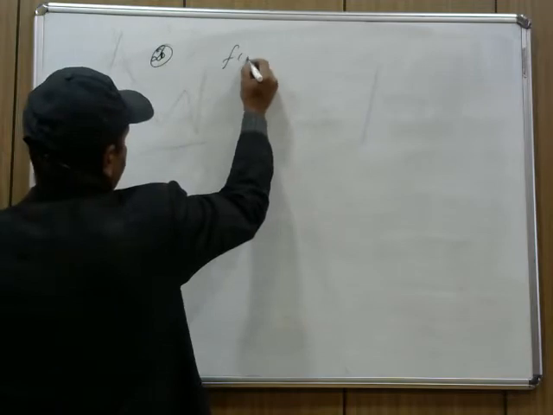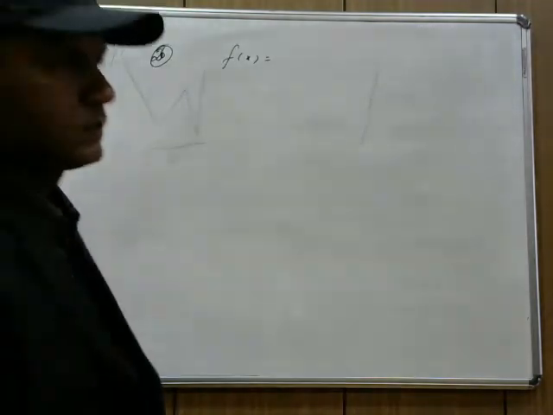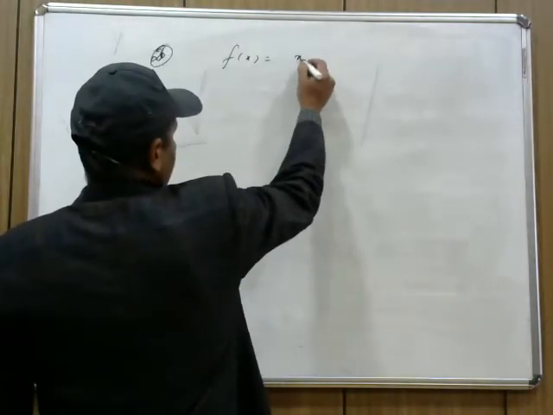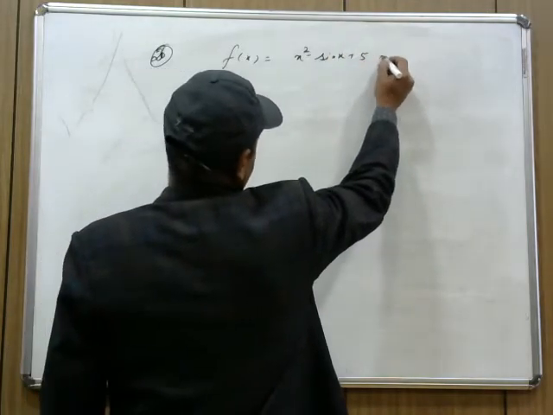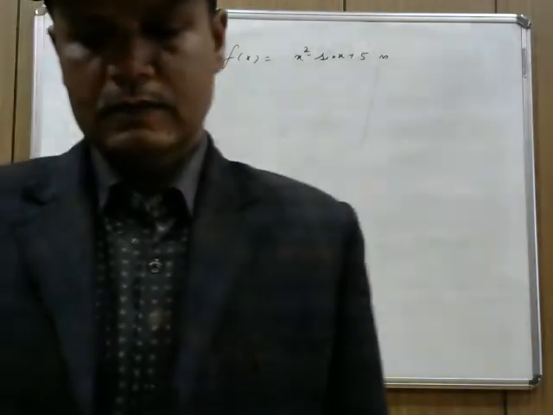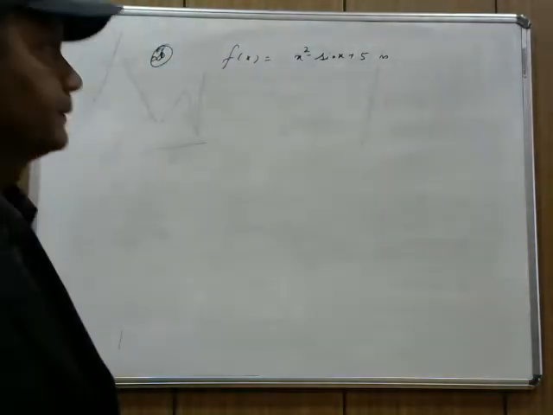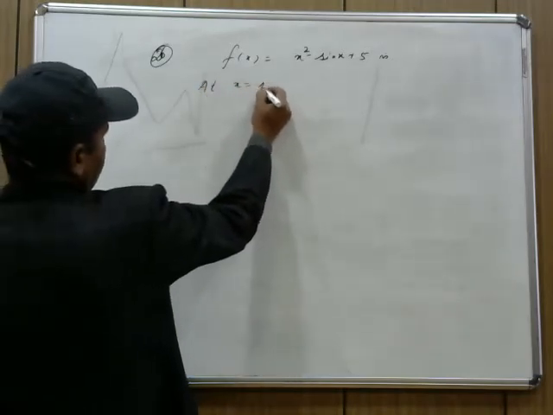Is the function defined by f of x is equal to x square minus sin x plus 5 continuous at x is equal to pi? That means I have to check the continuity of this function at x is equal to pi.